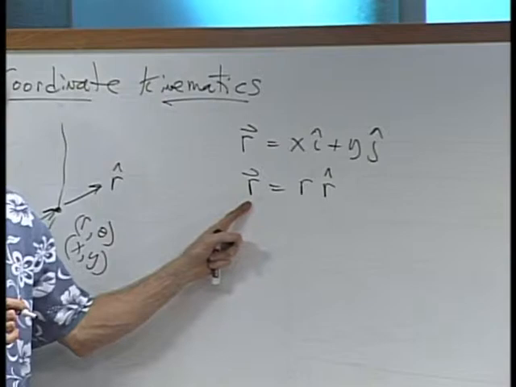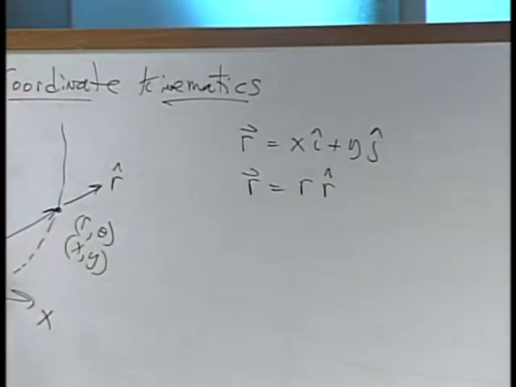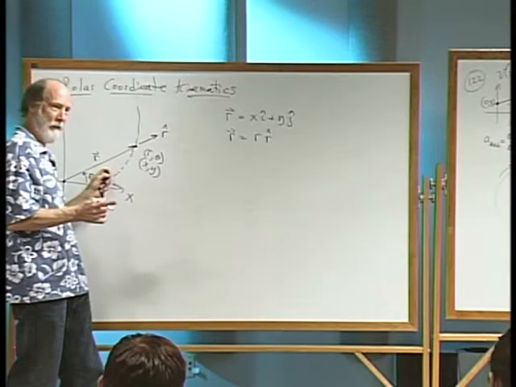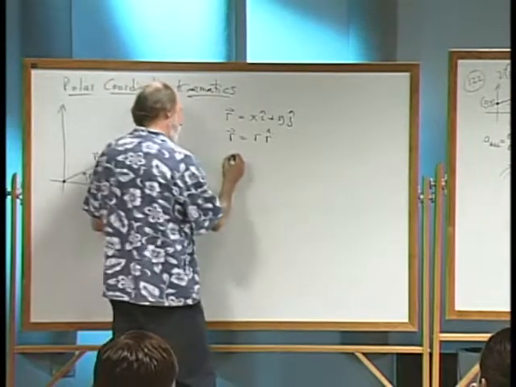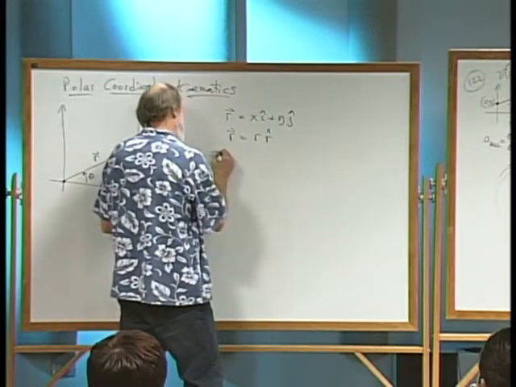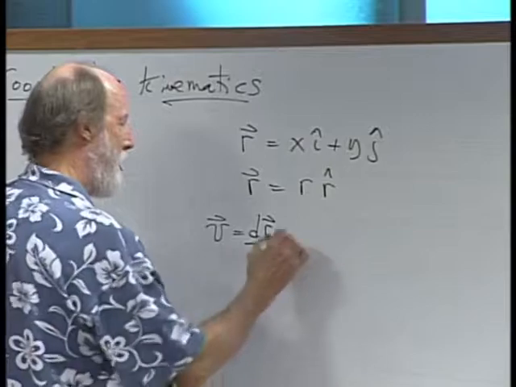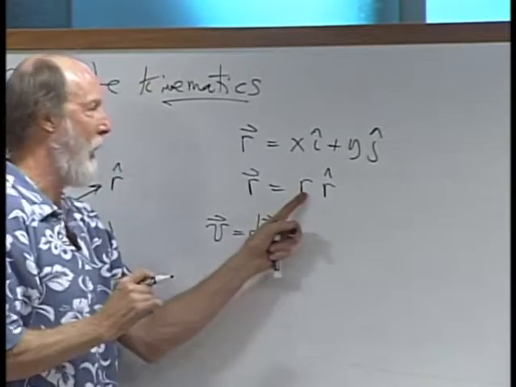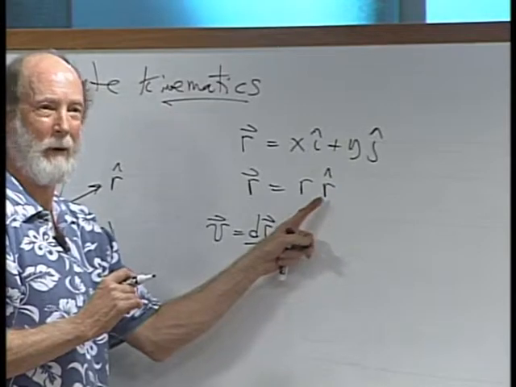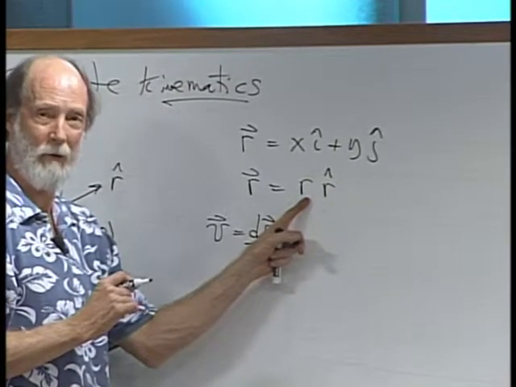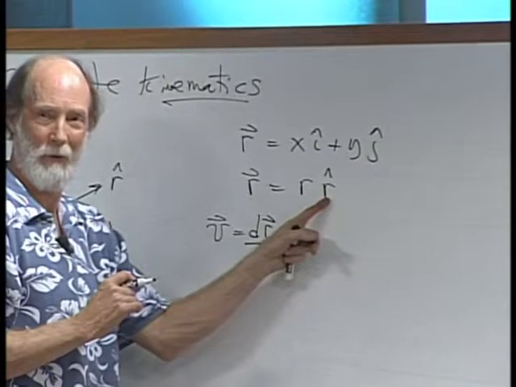Now we have to differentiate this, because we know that the time derivative of that position vector is going to be the velocity vector. We did that derivation the other day. So the velocity is going to be the time derivative of the position vector. And now we have two time-dependent functions here. r's magnitude could certainly change with time, and the direction of that unit vector could change with time.